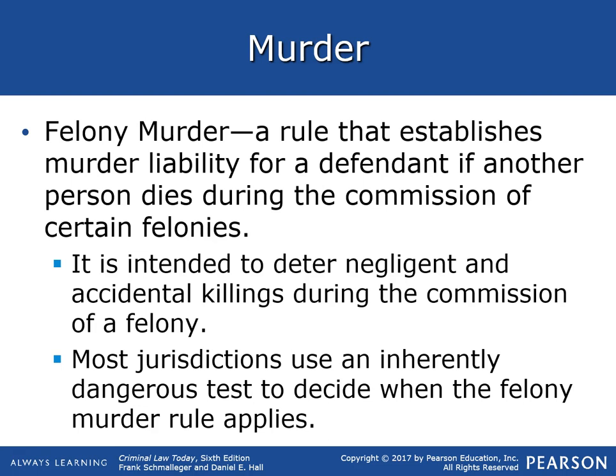That's the case I explained at the very beginning. So the felony murder rule is a rule that establishes murder liability for a defendant if another person dies during the commission of certain felonies. And it's intended to deter negligent and accidental killings during the commission of a felony.